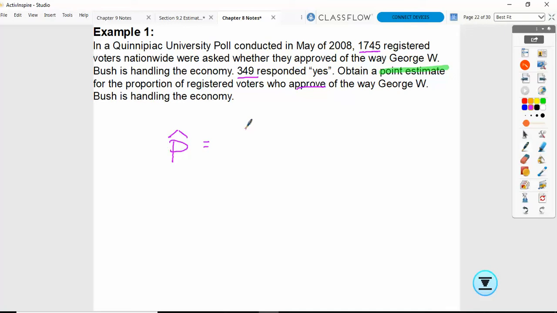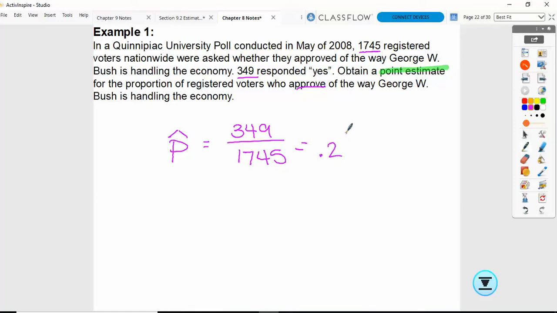So p hat is x over n. x is what? 349 over n, 1,745. Okay, and so then if I divide that, we get 0.2.